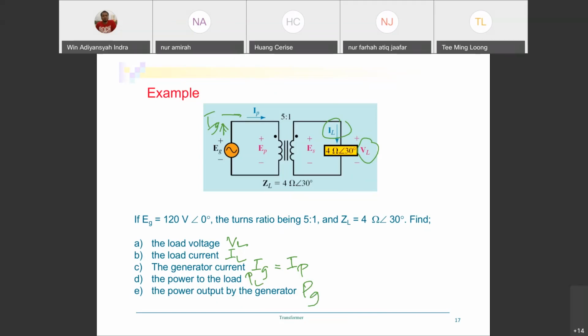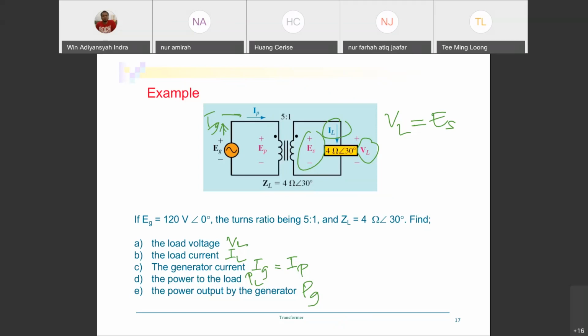So the load voltage, VL. If we want to find VL, look here, VL will be equal to ES, right? Because they are in parallel, and in parallel the voltage is equal. VL will be equal to ES. We can find ES from EP. How?